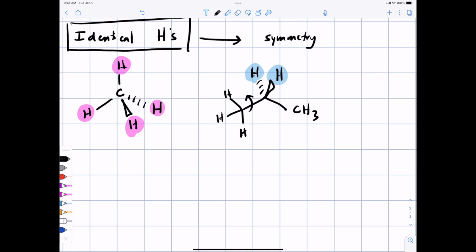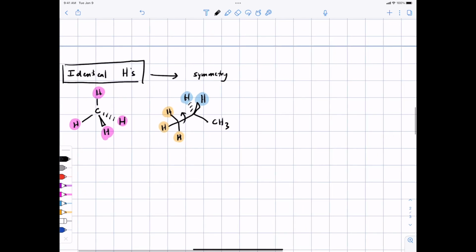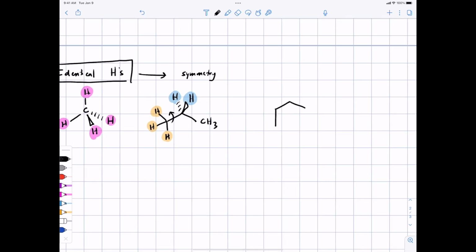So symmetry and bond rotation are ways that, and then why are these protons here identical to these over here? Both adjacent to these 2 and by symmetry. The mirror plane that interchanges those 2 methyl groups is right here. See it? Okay.